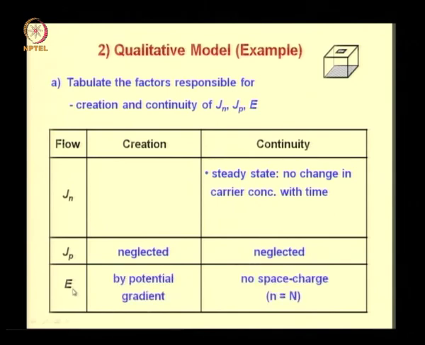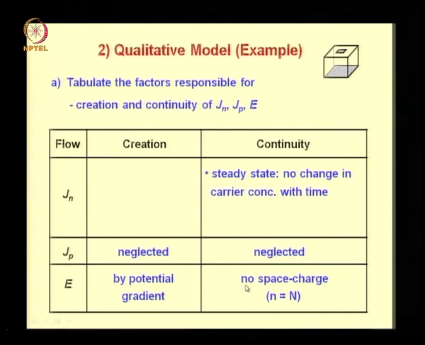Now, regarding the electric field, we assume that it is created by potential gradient, and as far as continuity is concerned, we assume that there is no space charge. So, there are no positive or negative charges in the local volume of the device to increase or decrease the electric field lines. Consequently, the electron concentration would be equal to the dopant concentration, since we have neglected the contribution of holes.